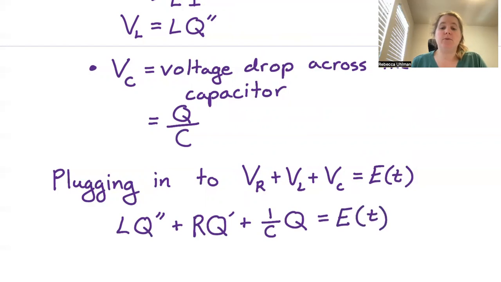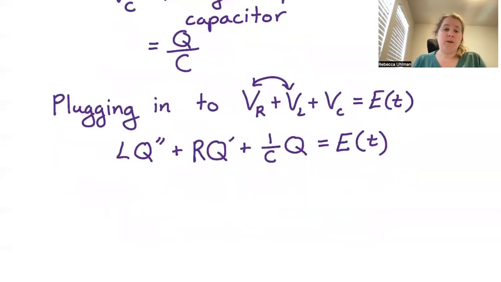I swapped the order of the voltage drop across the induction coil and the voltage drop across the resistor simply because I wanted to put my derivatives in decreasing order.